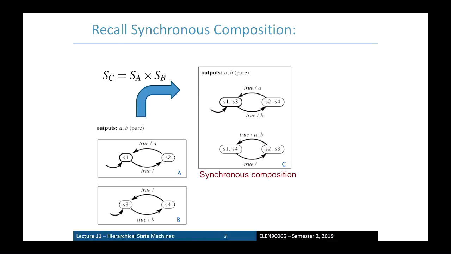So those transitions are always going to be taken. When? Who cares? But they're just going to be taken at the same time, okay? Because they'll both evaluate to true when there's a reaction. So we compose this conglomerate state, S1, S3, and when we get a reaction, both machines transition in lockstep, okay? So our synchronous composition looks fairly simple, right?